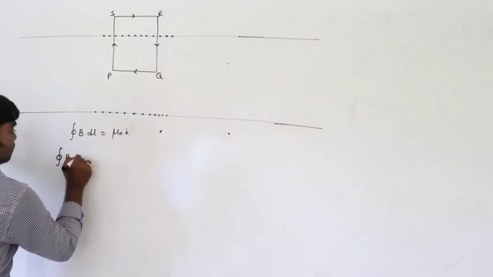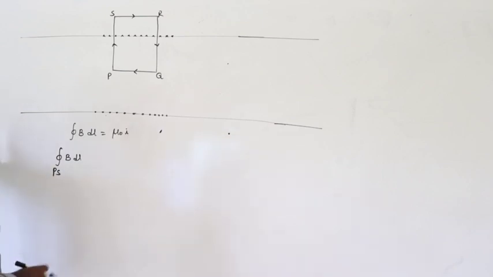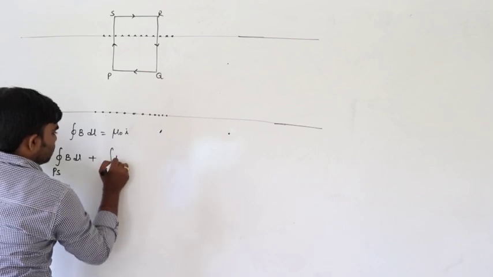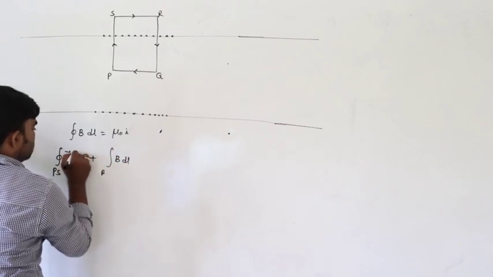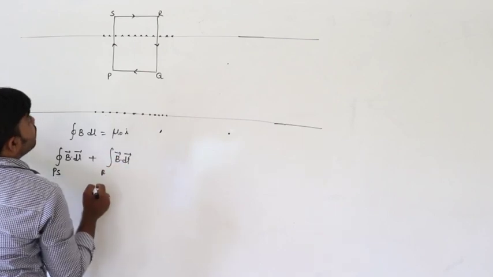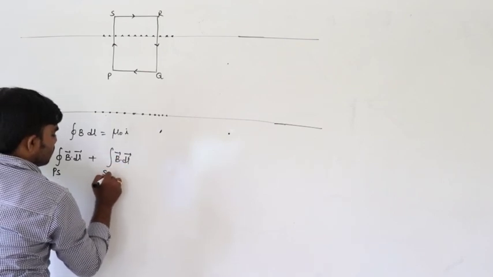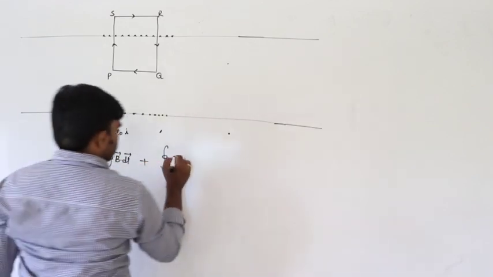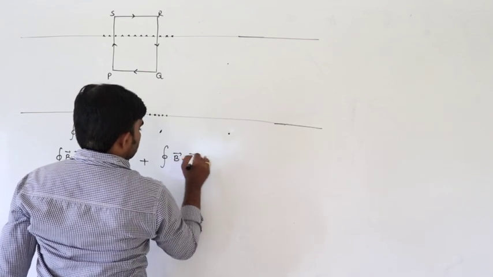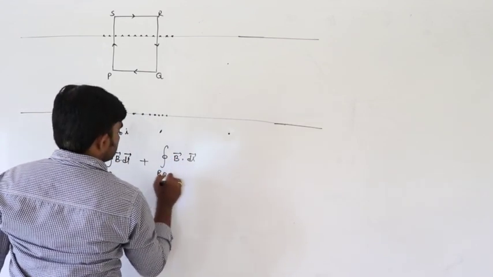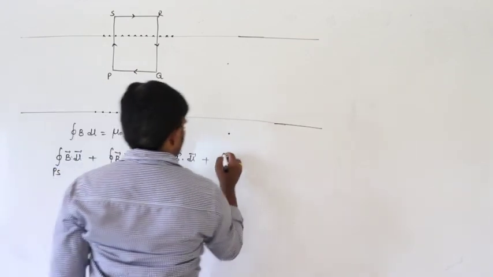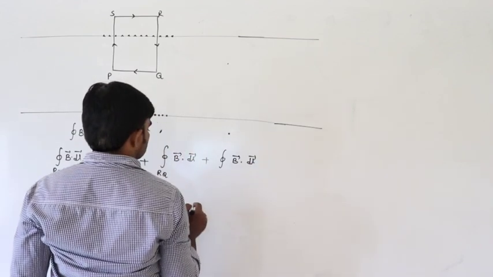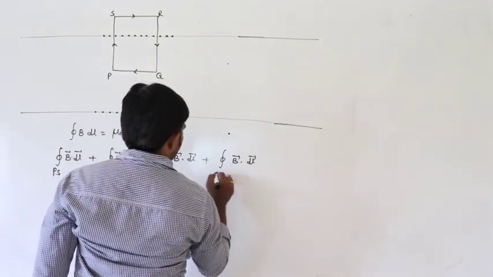Integral of B bar dot dl bar due to PS, plus integral of B bar dot dl bar due to SR, plus integral of B bar dot dl bar due to RQ, plus integral of B bar dot dl bar due to QP or PQ.